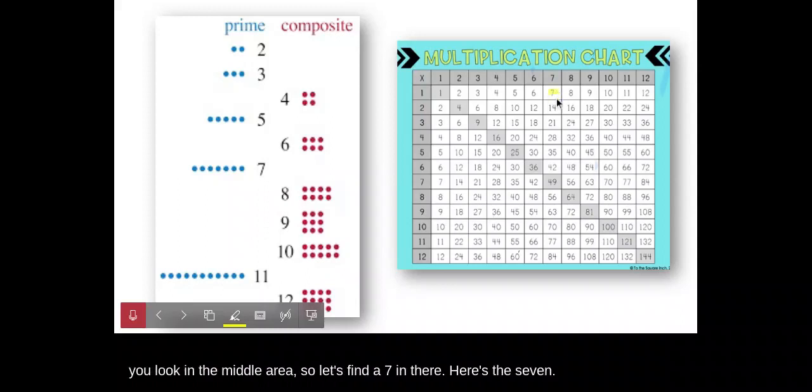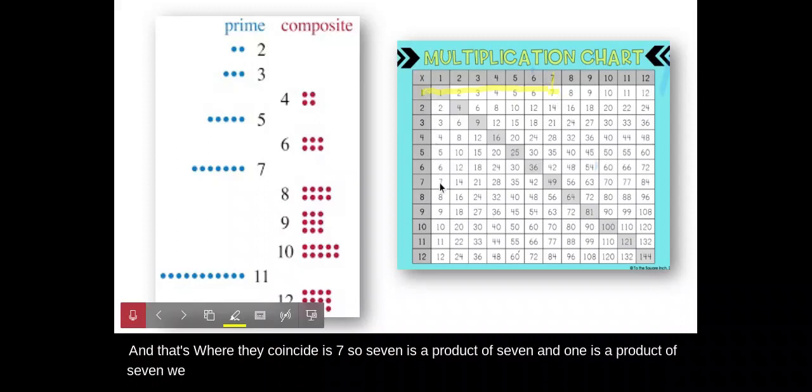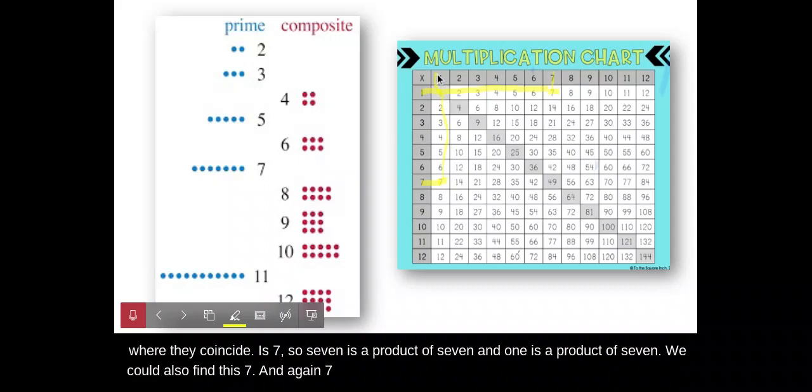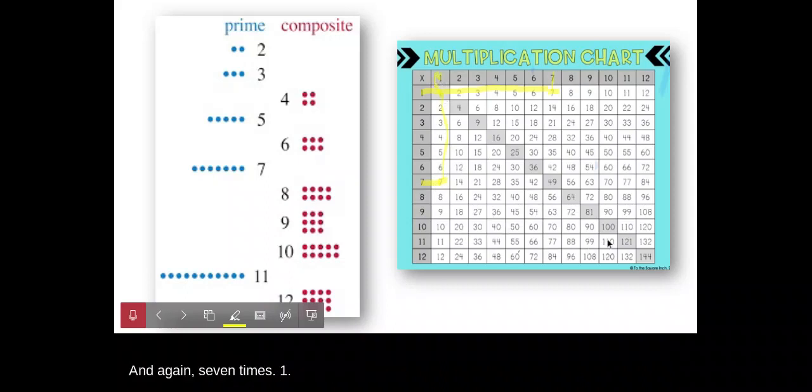We have 7 and we have 1, and that's where they coincide, is 7. So 7 is a product of 7 and 1. We could also find this 7. And again, 7 times 1. There are no other 7s in here because 7 is indeed a prime number.